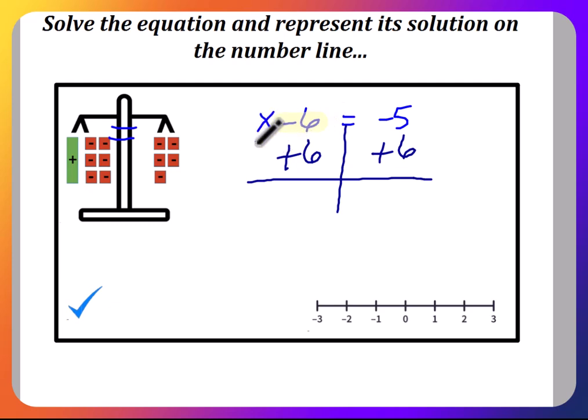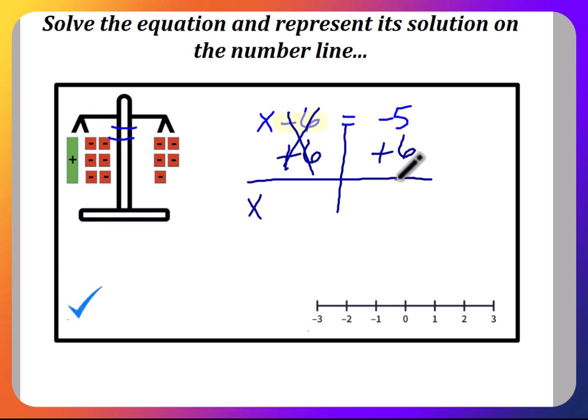I did not put it underneath the x because there's no x with this 6. I don't have anything to combine this x with, so I just bring it straight down, x. Then I have a negative 6 and a positive 6, and we already know that those are going to zero out. You don't need to bring a 0 down. Just show that the negative 6 and the positive 6 zero out.